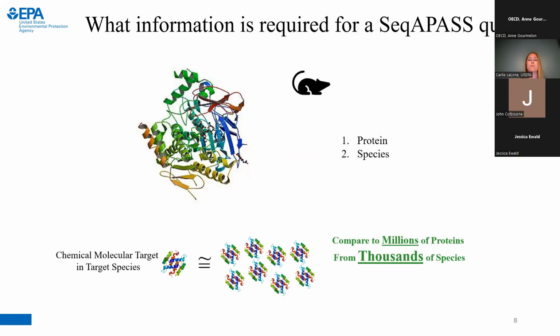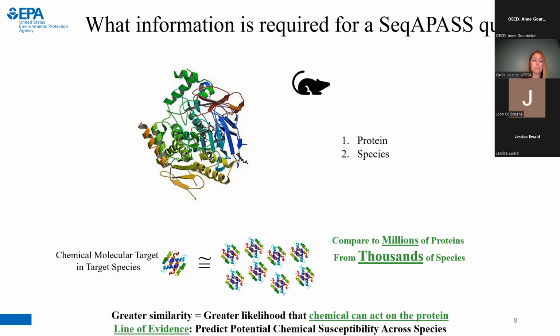So bottom line is, once we have that protein of interest, so that molecular target for which a chemical would act upon, or the protein which is involved in an adverse outcome pathway element, we can take that protein and species, and we can take the chemical's molecular target in that targeted species, and compare it to the millions, billions of proteins from thousands of species.